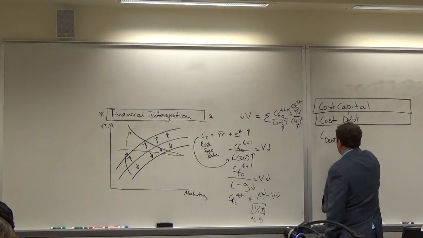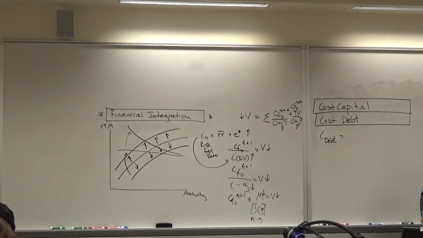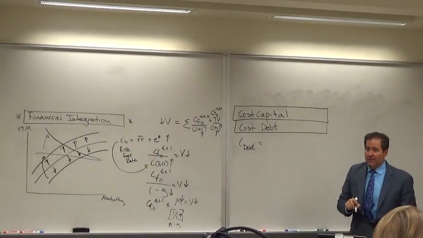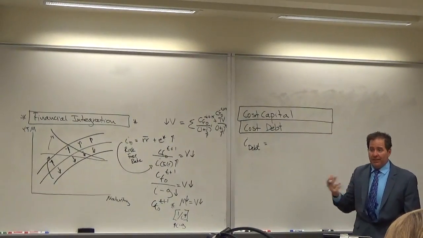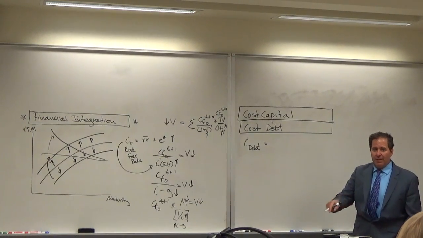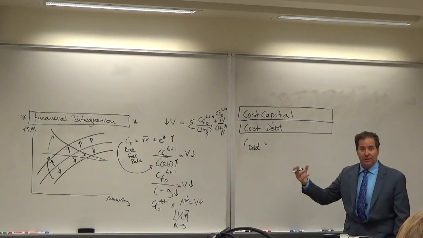So how do we build the cost of debt? If you were asked to build the cost of capital so we can get the discount rate to do the investment analysis, how would you construct the cost of debt? We need to estimate what the cost of debt is going to be for this issuance.